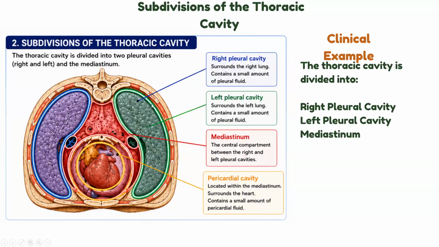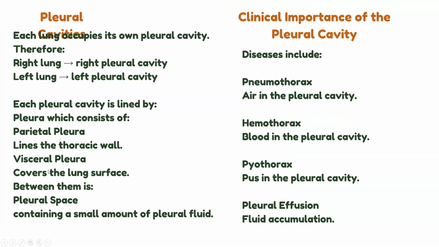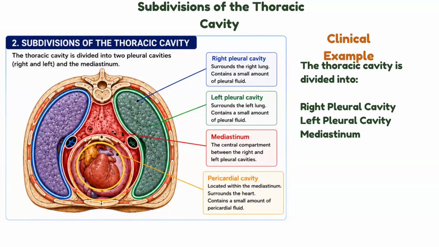This is the left pleural cavity. Yes. And the right pleural cavity. And you also see the mediastinum. You see this? This whole place is the mediastinum. And the pericardial cavity. Now, the pericardial cavity is where the heart is found.